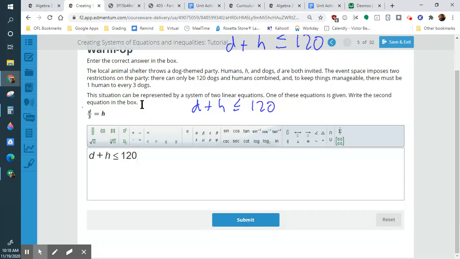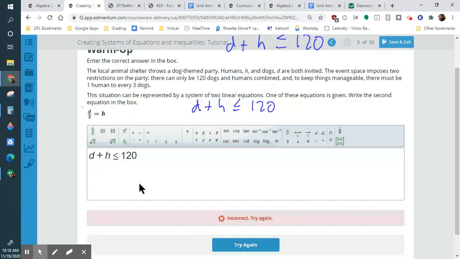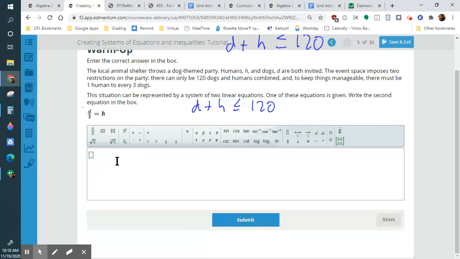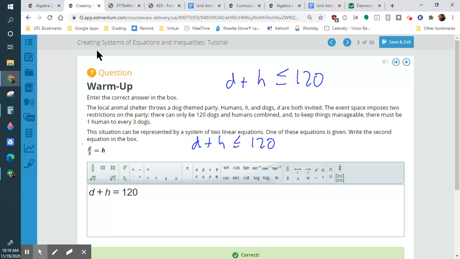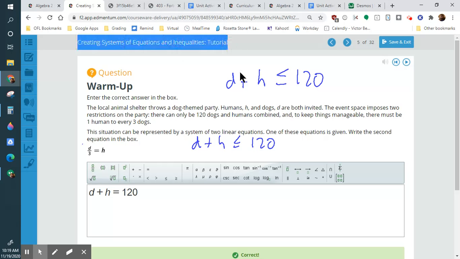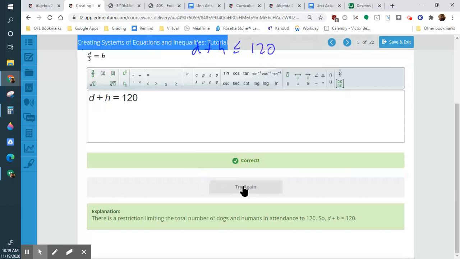It's like, put it with an equal sign. What'd I tell you? I guess they're assuming that you're going to have exactly 120 people go. There you go, so they have it with an equal sign. I think because in this one we're going to learn about inequalities, the less than or equal to situations, in a bit.